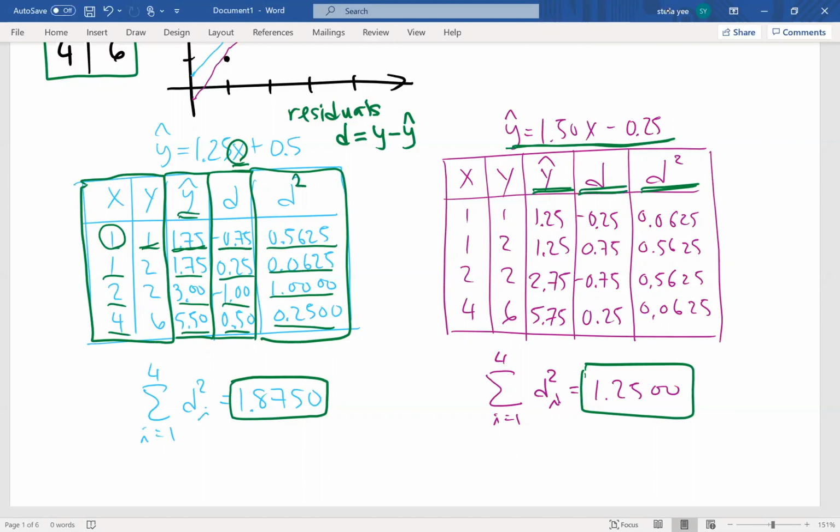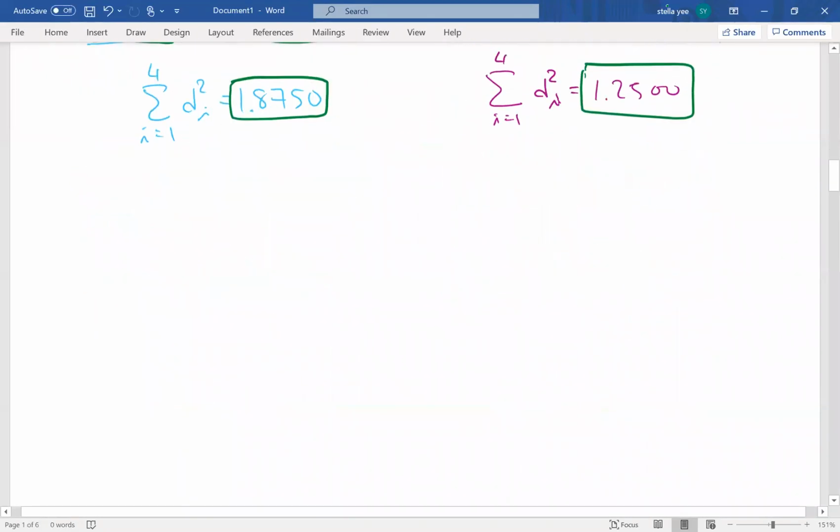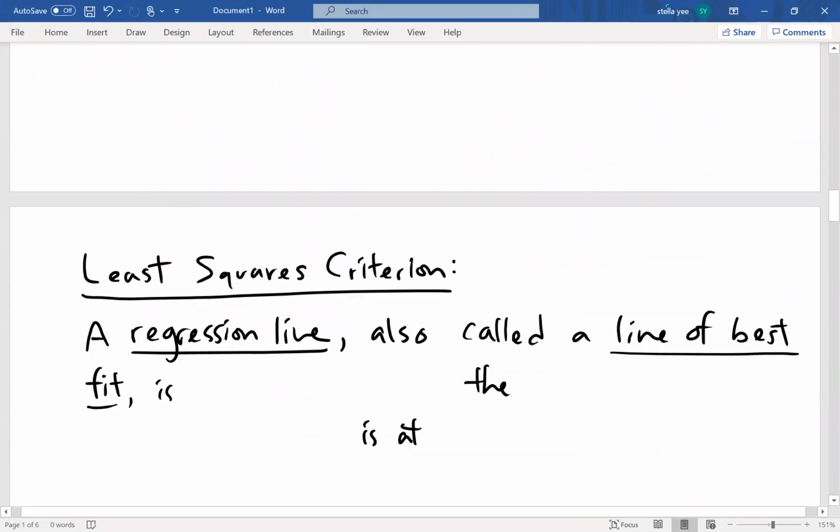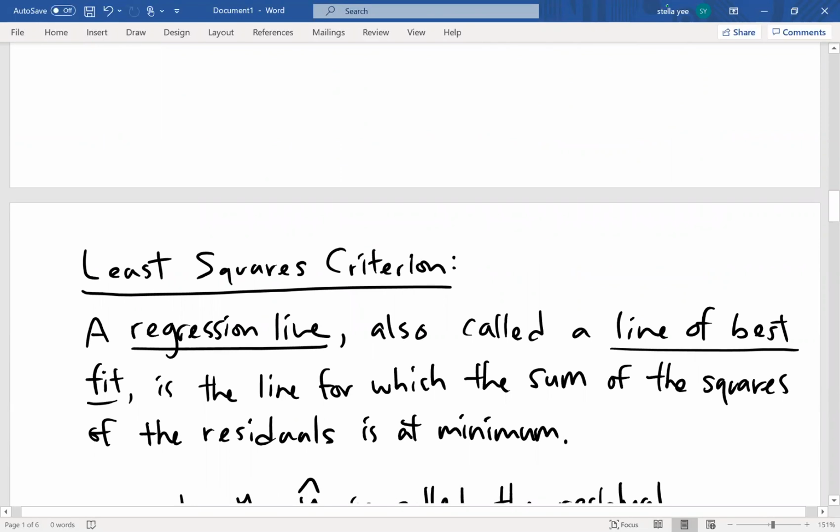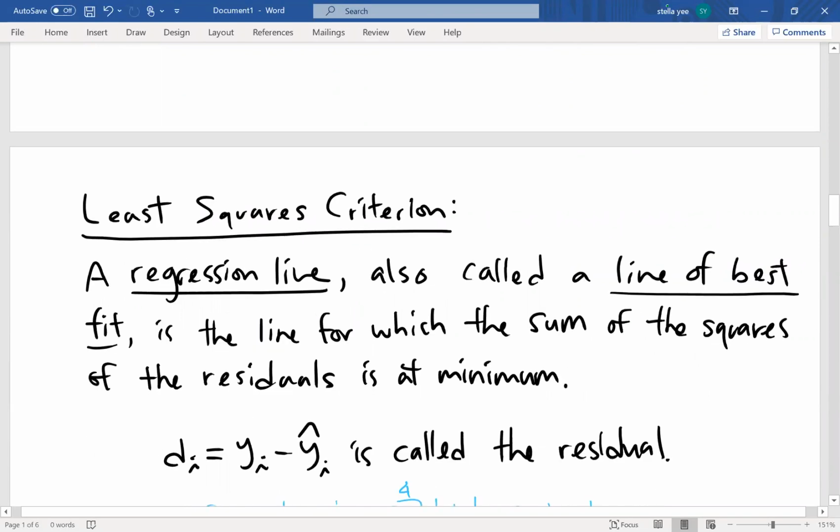So this is what we're going to use for measurement of how good the approximation is. Let me put it in more clear terms. This is called the least squares criterion.